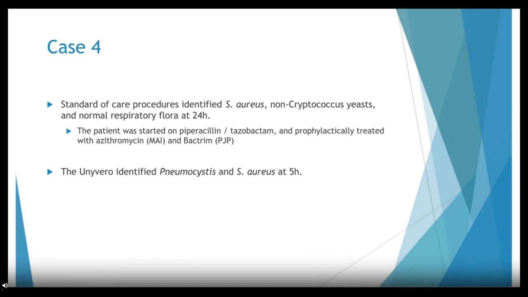The Univero, however, did identify pneumocystis at about 5 hours and also picked up a Staph aureus. So in this case, we're thinking that maybe we're seeing higher sensitivity here; pneumocystis would have been a good hypothesis as to why she was feeling ill. And in this case, they were already prophylactically treating it without any necessary laboratory evidence.